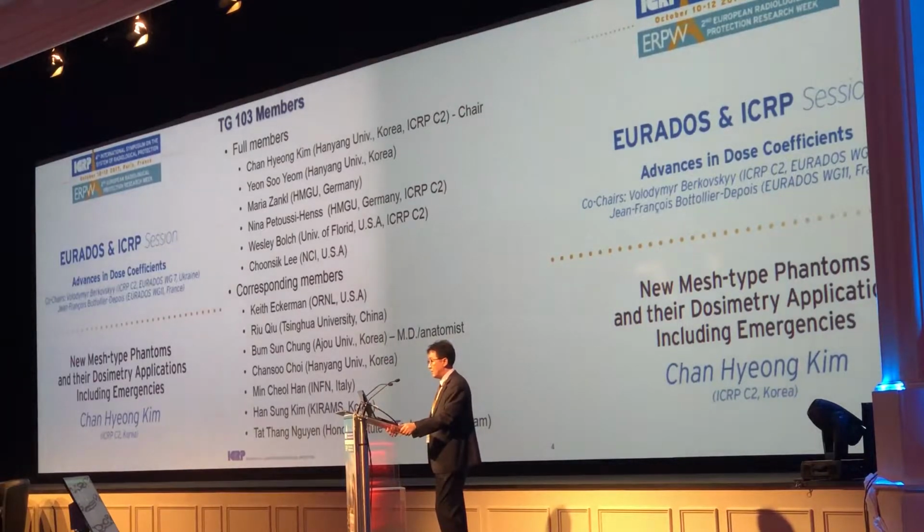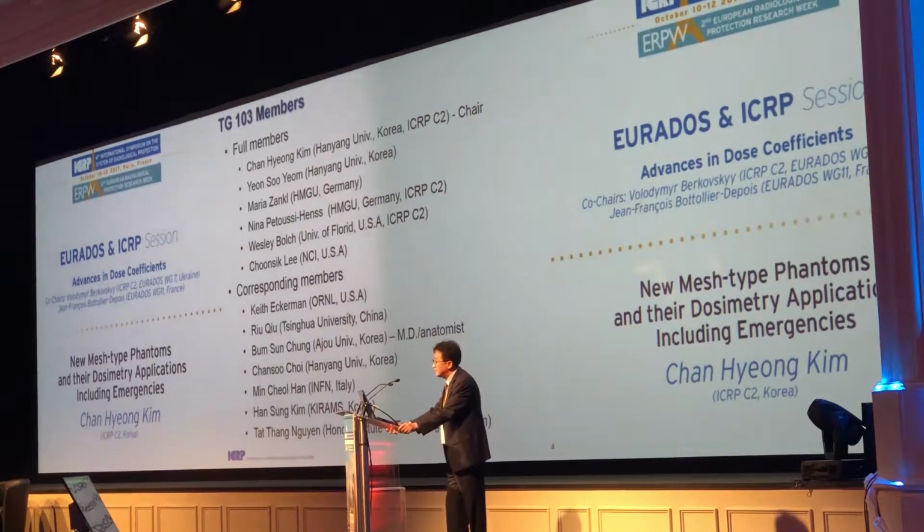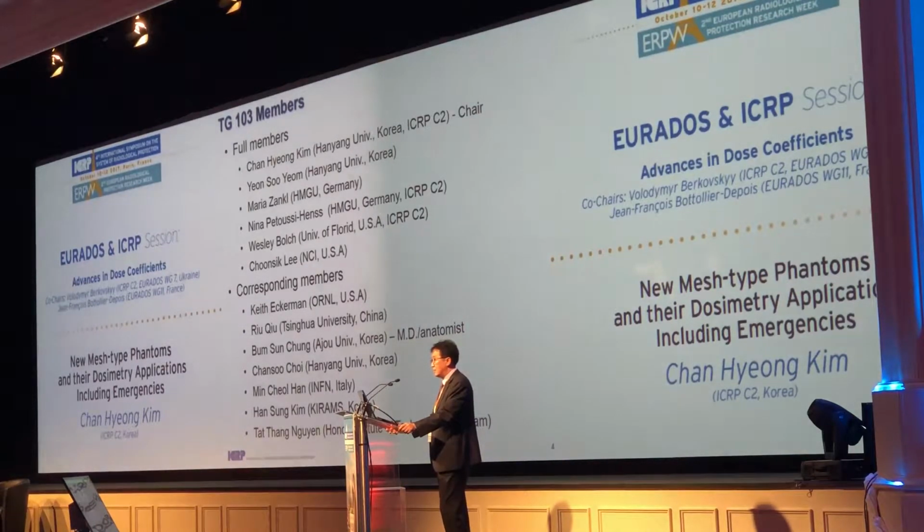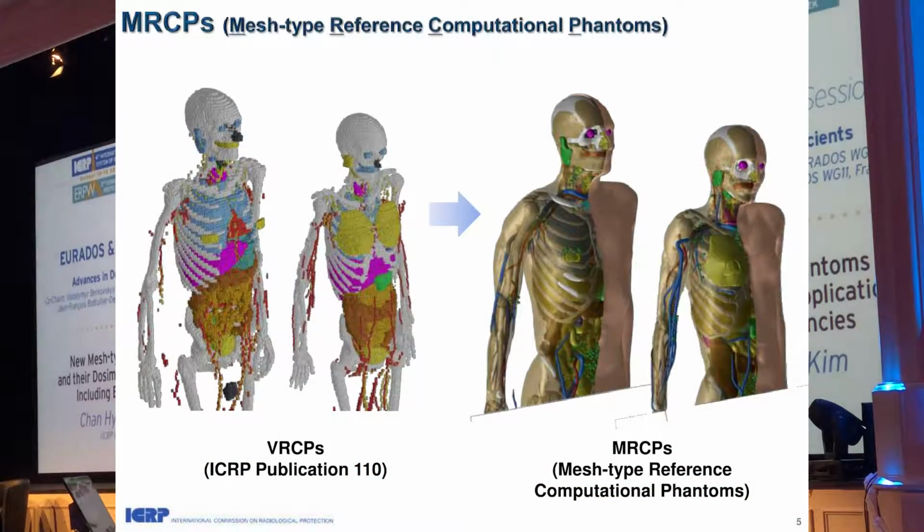We also have Professor Wesley Bolch and Dr. Choonsik Lee, and they are the ones who developed pediatric phantoms. So we are all working together, and I think it's a very good combination. We also have Dr. Keith Eckerman from Oak Ridge National Laboratory, and also Professor Choi from Tsinghua University, and Dr. Chung is our anatomist, and he's working with a few more anatomists to support our research work.